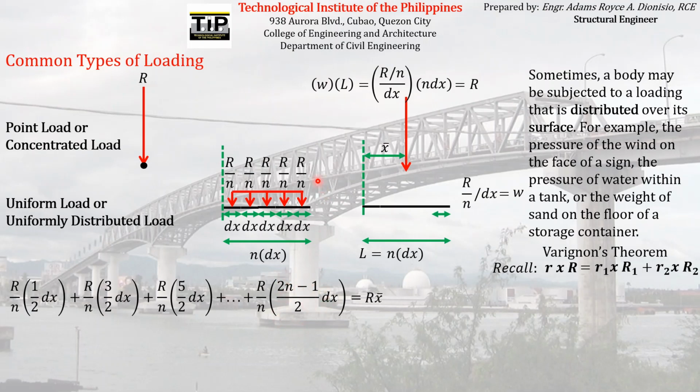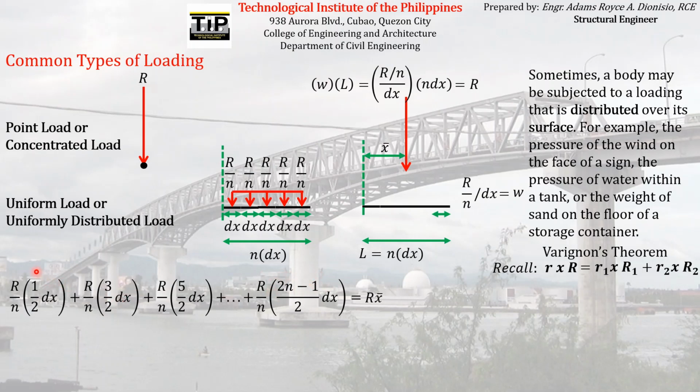Ito yung moment nung nasa pinakahuli with respect to this same point kung saan mo minoment tong resultant na to. So, ipag-add mo yan, dapat daw, sabi ni Varignon, yung sum na yan equal sa moment nung resultant with respect to that same point.